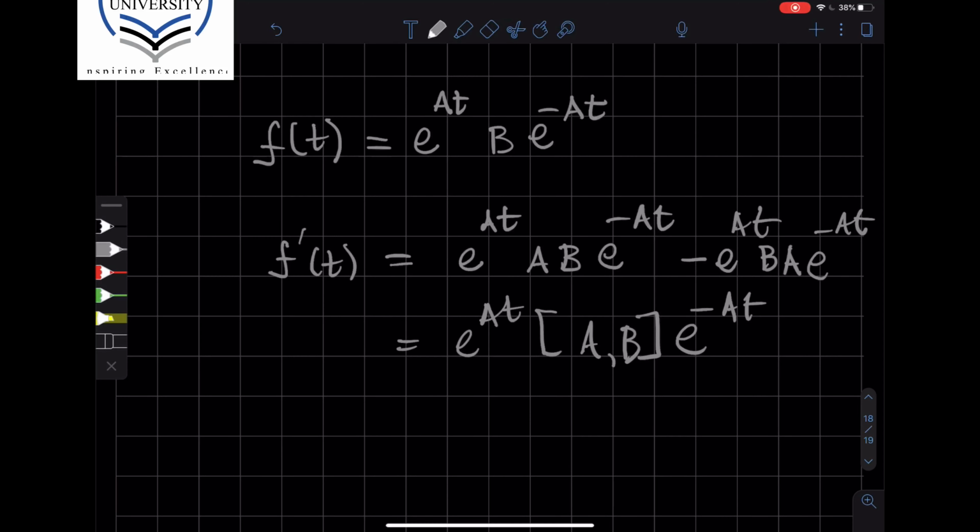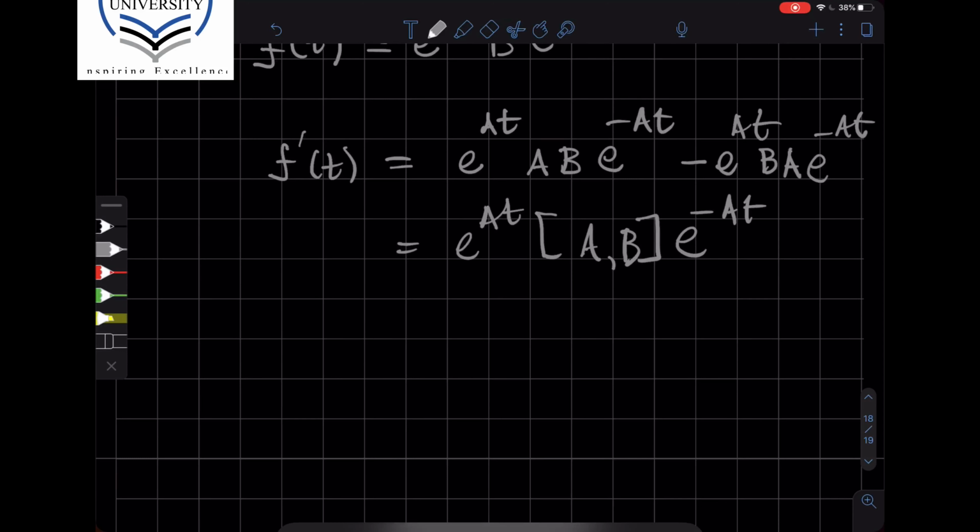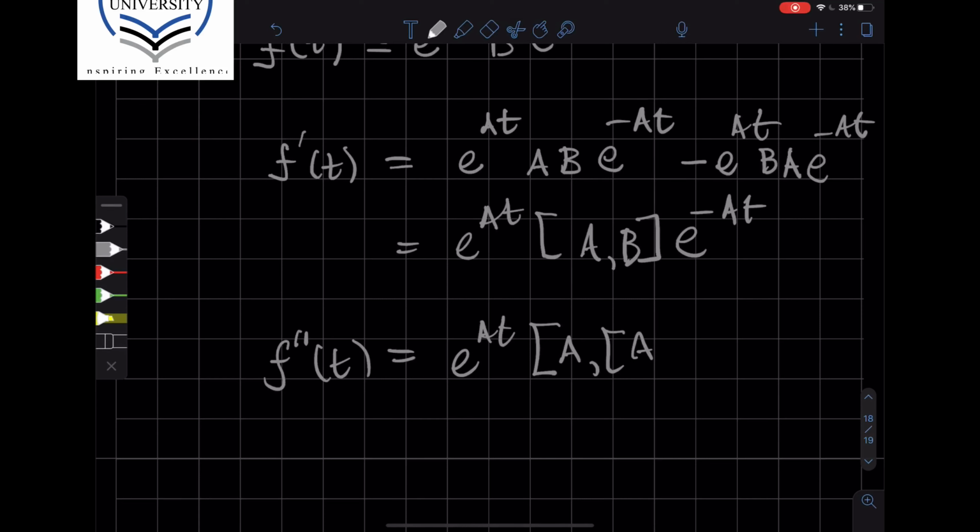Similarly, we can take a second derivative of f, which gives e to the power at, a nested commutator of a with the commutator of a and b, and then e to the power minus at.